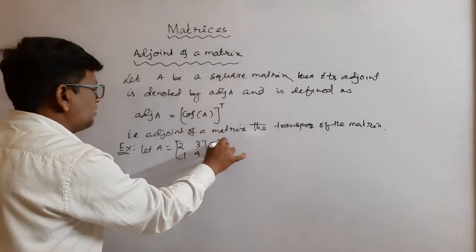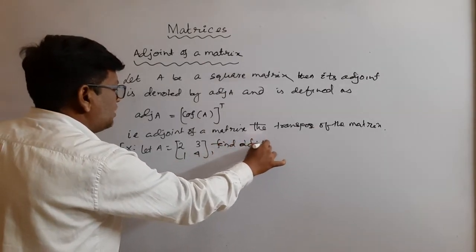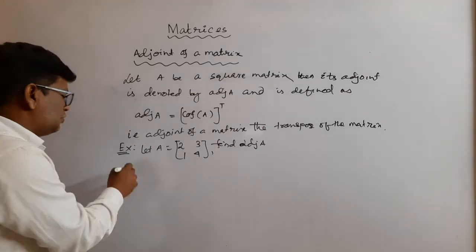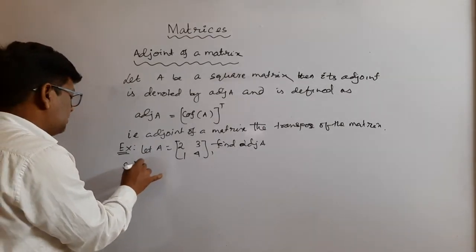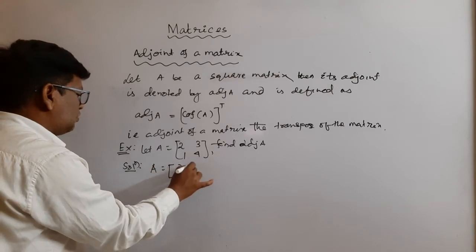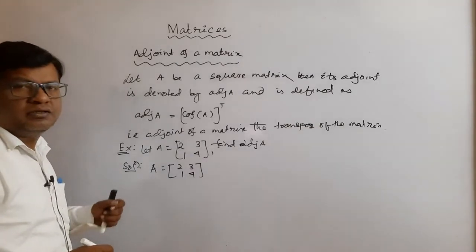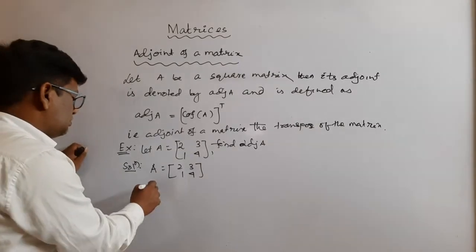Find adjoint A. Solution: given A is equal to 2, 3, 1, 4.